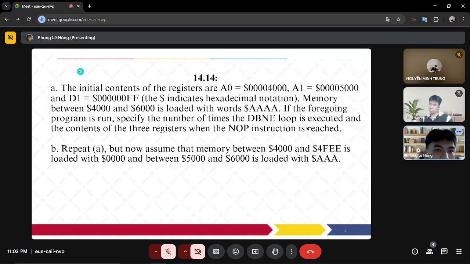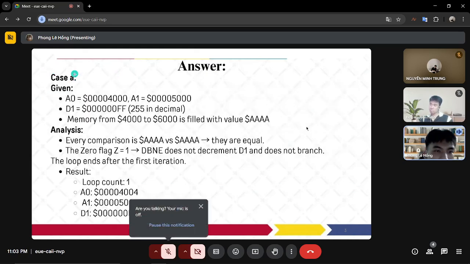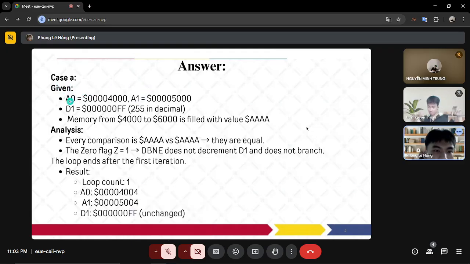14.14. In case A, the question gives us A0 and A1. D1 is 255 in decimal, and the memory from 4000 to 6000 is filled with the value 8. Analysis: the comparison is 8 versus 8, they are equal.